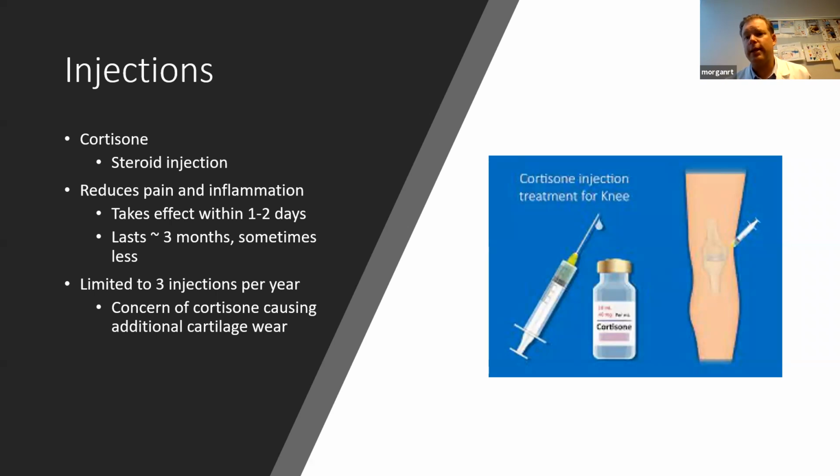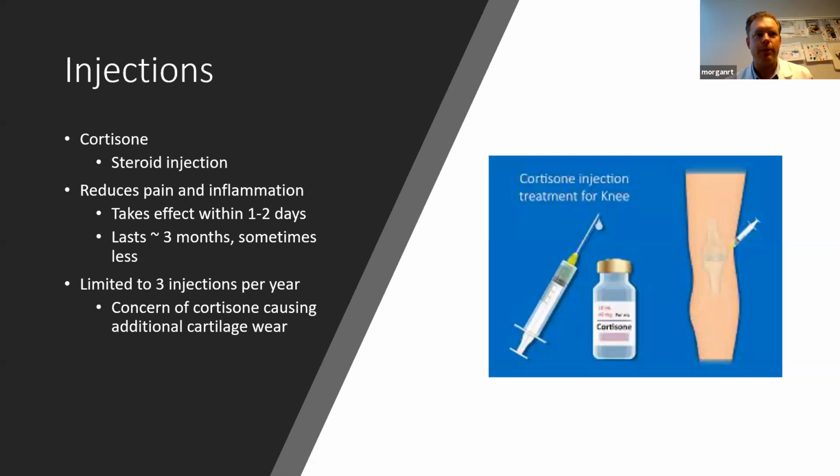There was one study that recently came out that compared cortisone injections to saline, or just saltwater injections, over a 2-year period. And they found in the cortisone group that the cartilage had thinned out by an additional millimeter versus the other side.